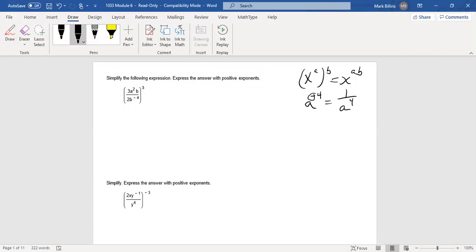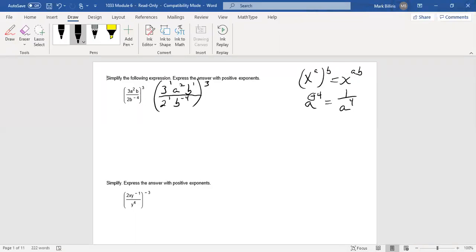These are reviews of things that you should know coming into this class, and I'll do that as we progress through this unit. So the first thing I'm going to do is use the power rule. But before I do that, I want to restate this as 3 to the first, a to the second, b to the first, over 2 to the first, b to the negative fourth, and again, all raised to the third power.